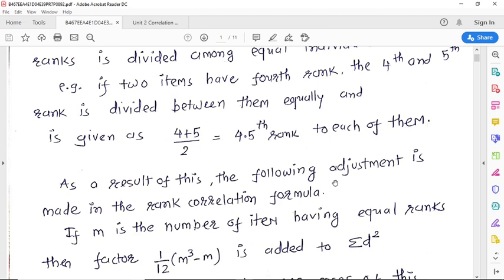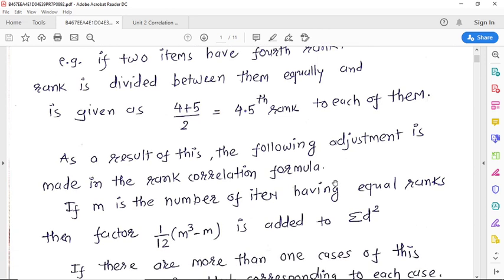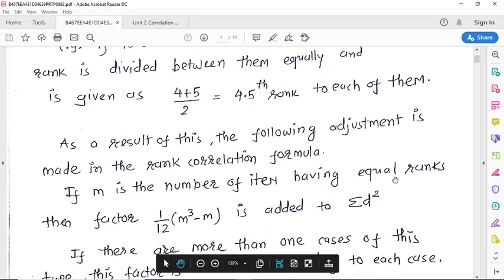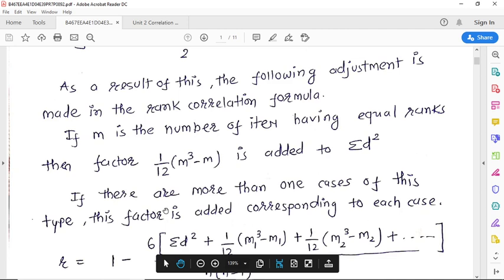Then we have to add one term to the sigma d square. If m is the number of items having the equal rank, then the factor 1 by 12 into m cube minus m is added to the sigma d square. So we have to use this factor to derive the answer for such data. Clear?